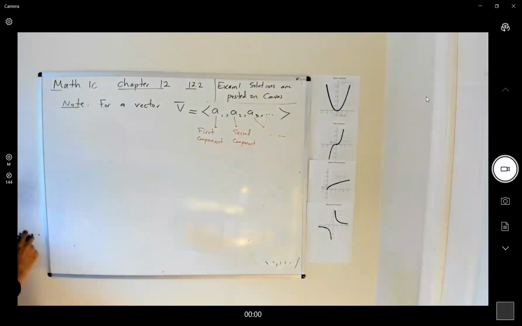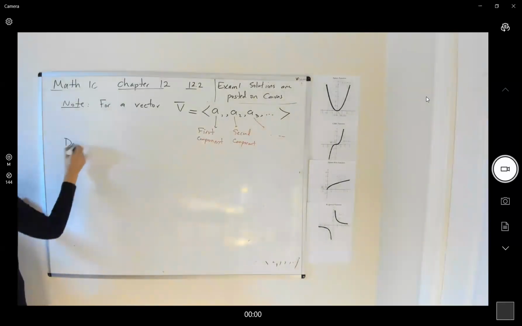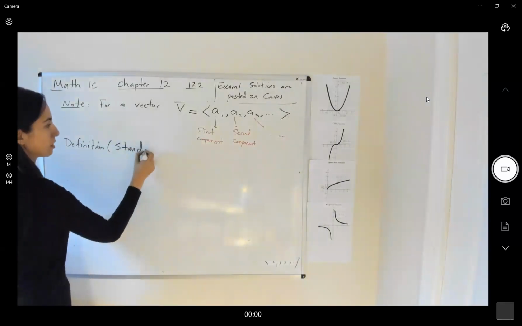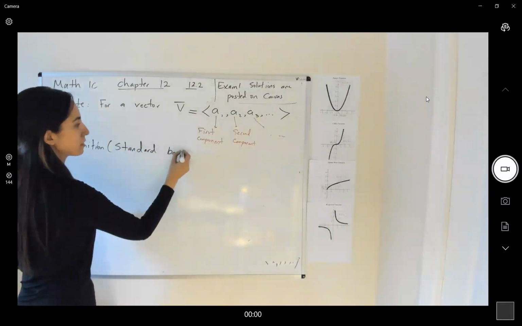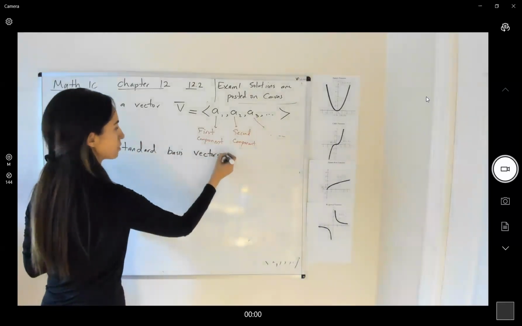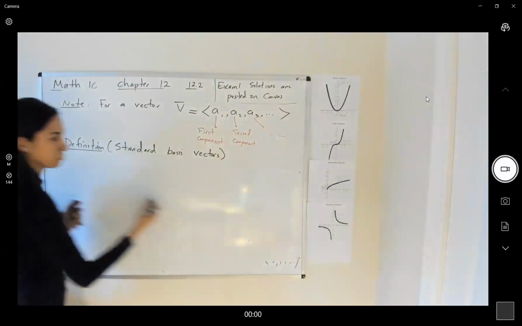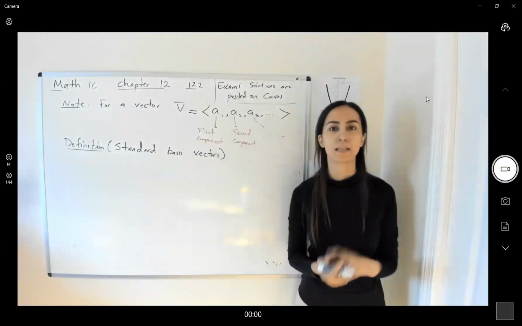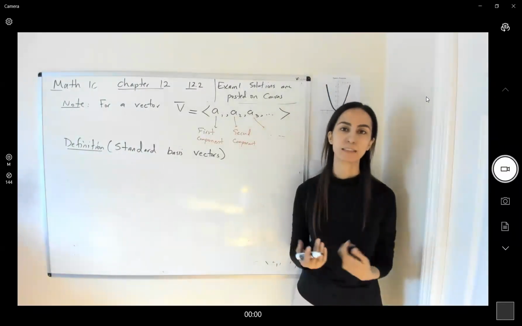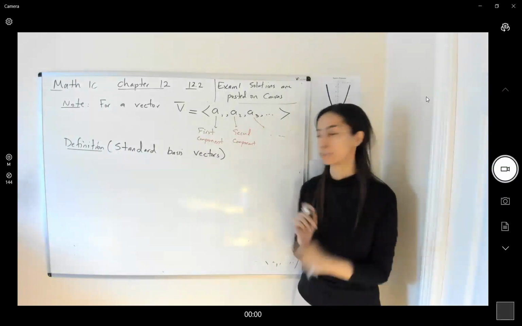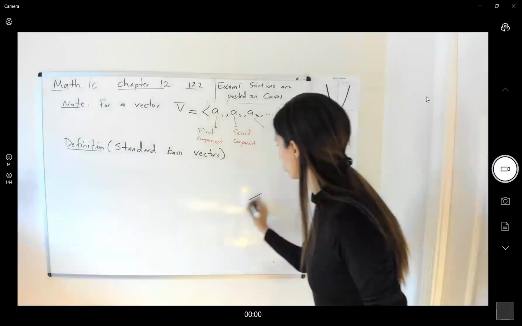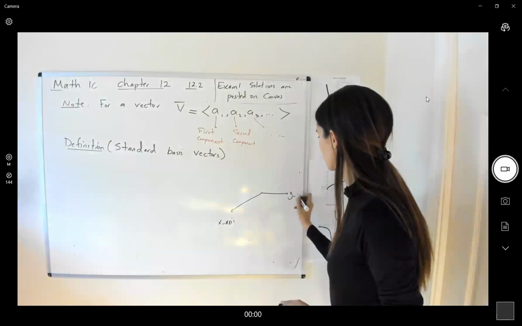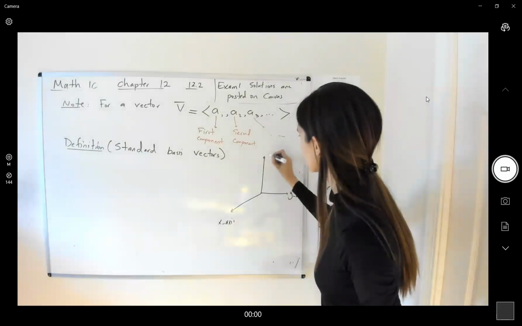Definition of standard basis vectors. So I expect you to ask, when you're talking about x-axis, y-axis, how do you present those axes using a vector? Suppose you have x-axis and y-axis. And suppose we add z-axis as well.